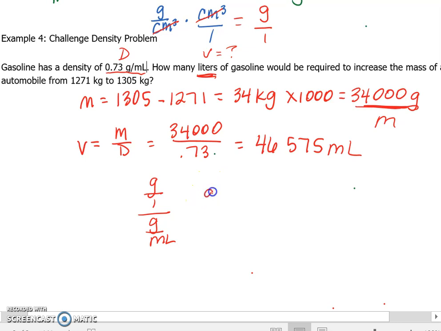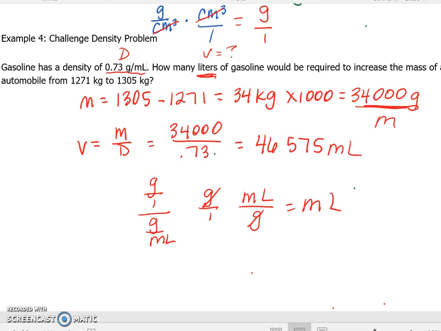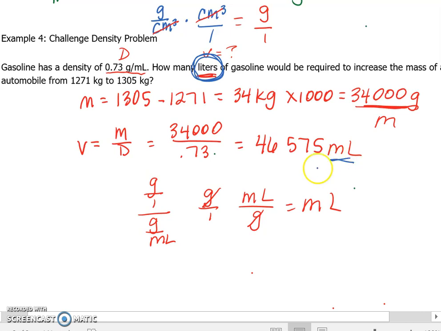And so I'm really doing grams over 1 times milliliters over grams. And my unit left over is milliliters. But the problem right now is it asks how many liters that is, and my units are currently in milliliters. Once again, that's why this is a challenge problem.